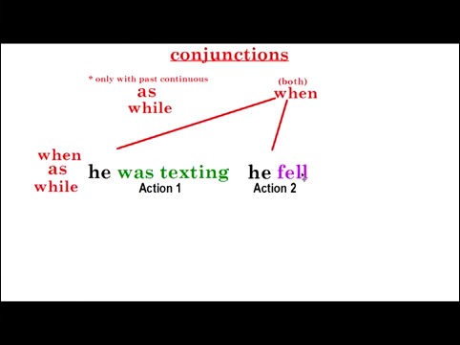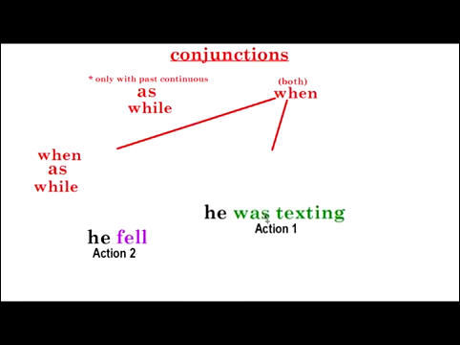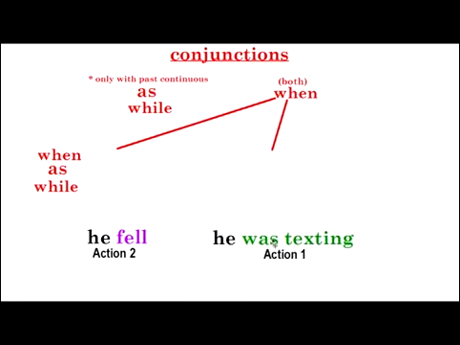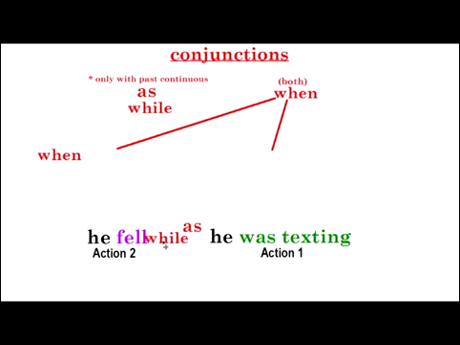But let's look at something else. Now, if I want to talk about my first action second, I want to put it at the last part of my sentence, I can use this. It still means that this was the first thing that happened. I can talk about this action first, but this still means this is the first action that happened. But I have to be careful with my conjunctions. So again, I can use as, and it has to go with my past continuous. I can use while, and that has to go with the past continuous.